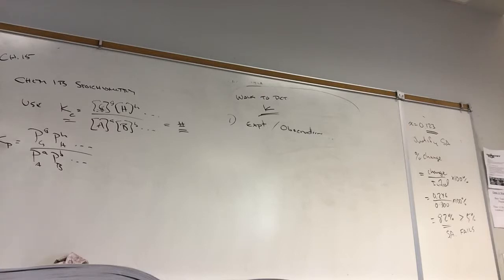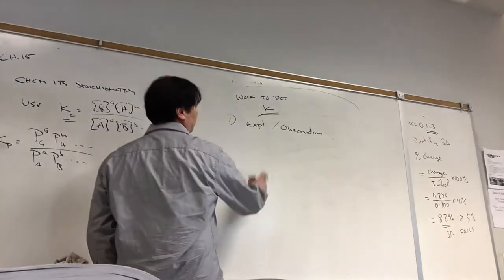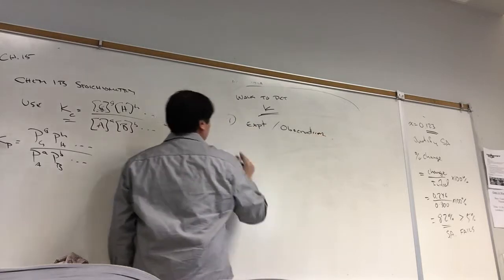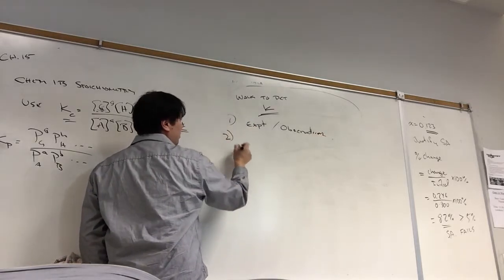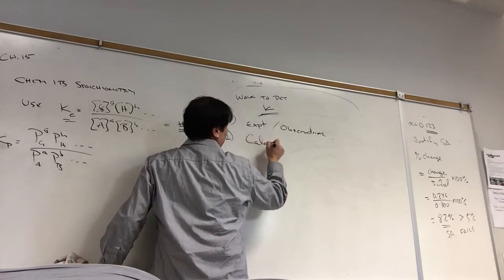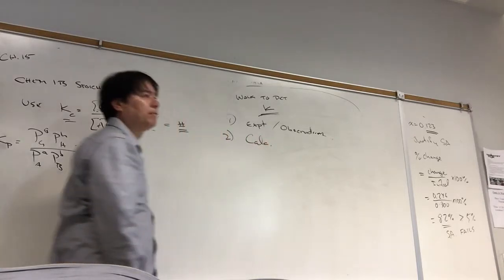But do you have to do experiments and take observations for every value of K? No. There are ways that we can avoid doing any experimental work and calculate the value of K.